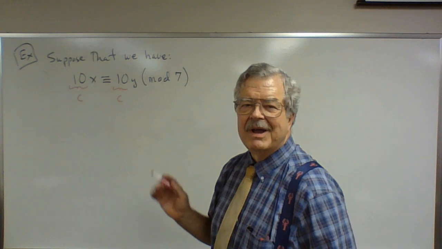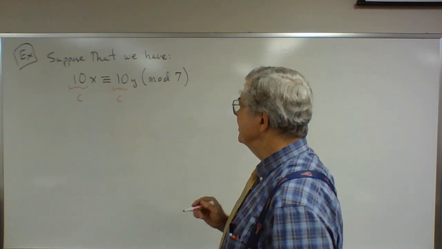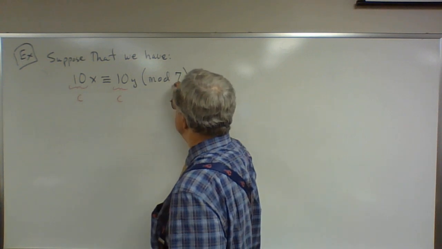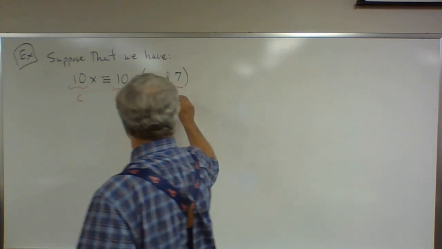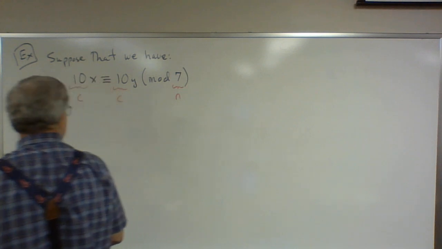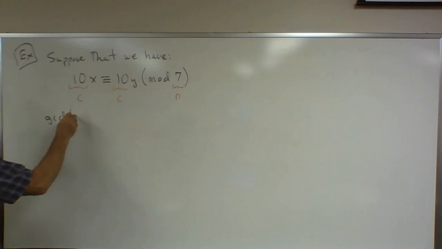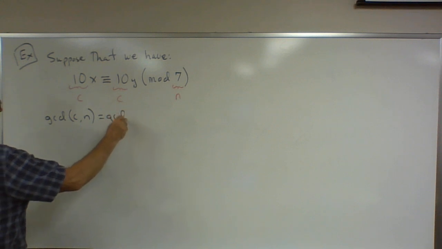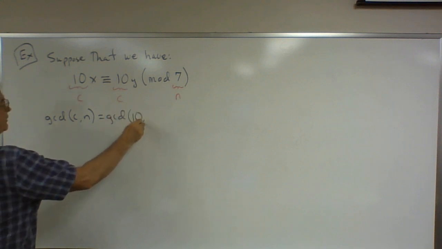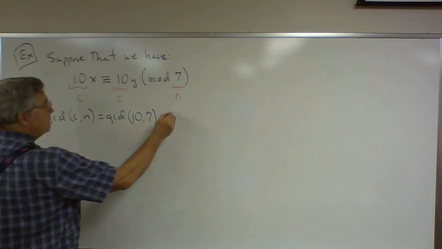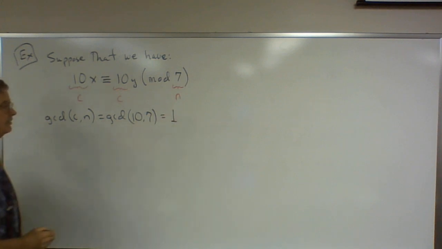That's just my thought right now, but hopefully it will work. C is the common factor. Here's n. And the greatest common divisor of C and n is the greatest common divisor of 10 and 7, which is 1.